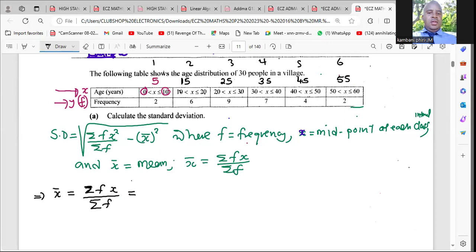I'll multiply 2 times x, the midpoint of the interval. What is the midpoint of the first interval? 5. Plus, I'll go to the next frequency, which is 6 times 15. Plus the next frequency, which is 9 times 25. Plus the next one, which is 7 times 35.